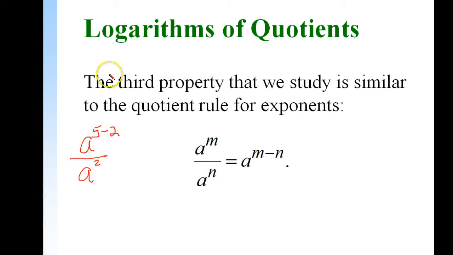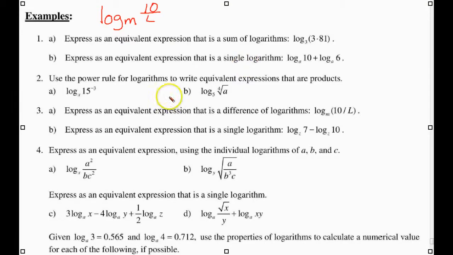So where in multiplication we added the exponents, in division, we're going to subtract exponents. And here is the rule. The n would come up, it changes signs, and we subtract. This is division. That is dividing this. So what we have in 3a is this.